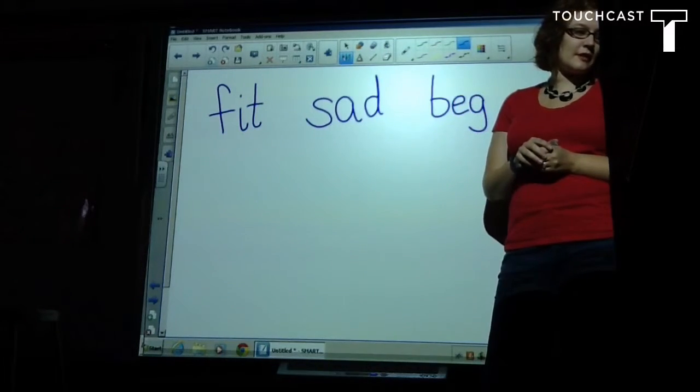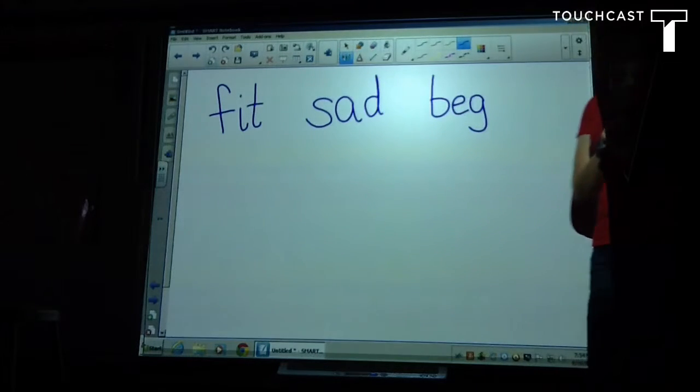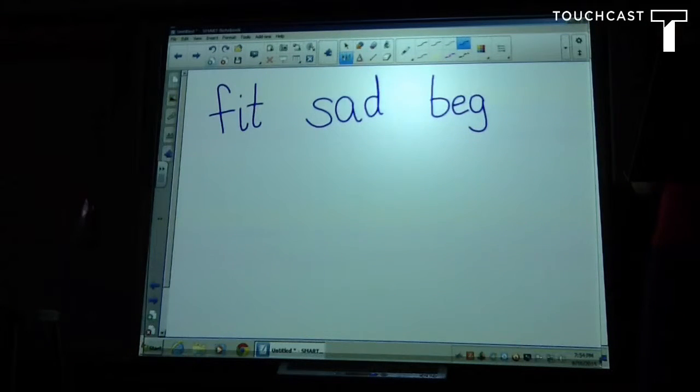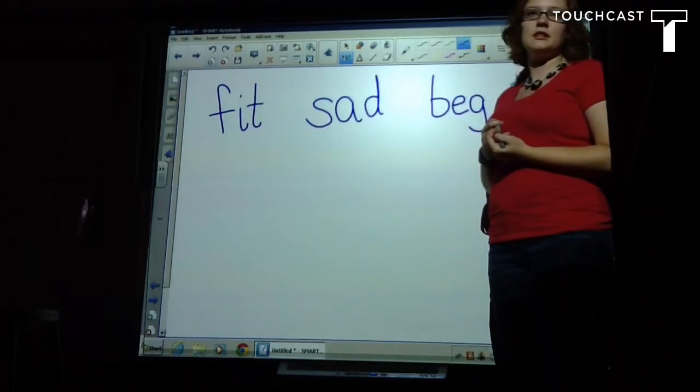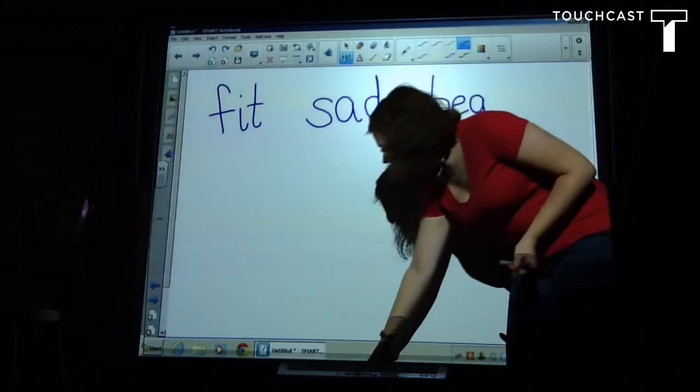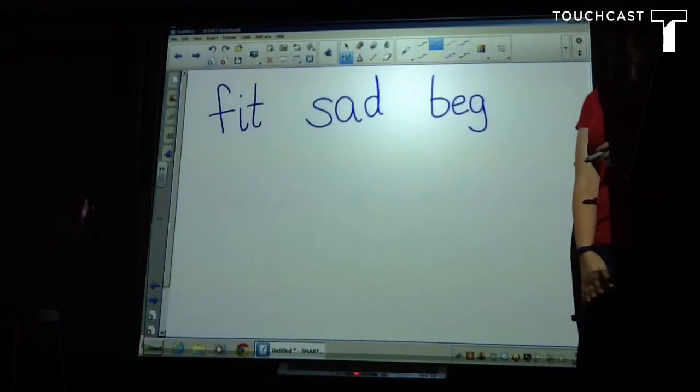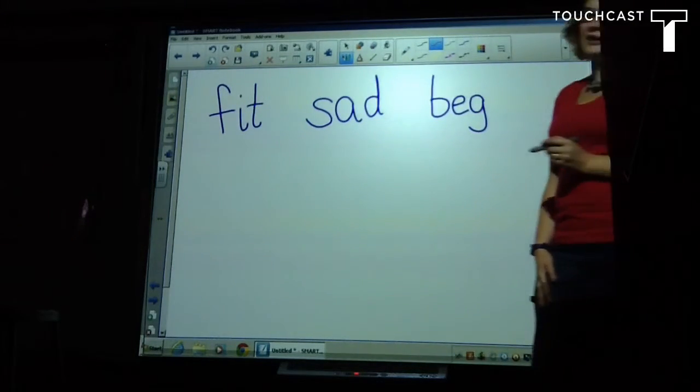I. Very good. Our first vowel rule says that a vowel followed by a consonant is short, code it with a breve. Is this vowel followed by a consonant? Yes. So what do you think we need to do to code it? Code it with a breve. Very good.